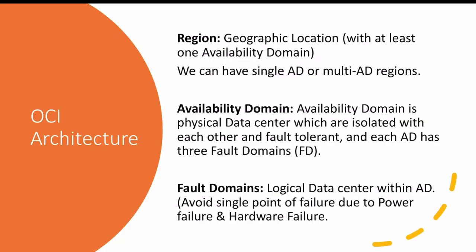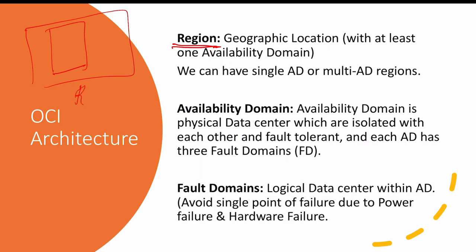So let's see. Once we talk about the OCI architecture, first we will talk about the region. Let's understand what a region is. A region is a geographic location which has at least one availability domain. Normally most of the regions have 3 availability domains, but there are some regions where we have only one availability domain.